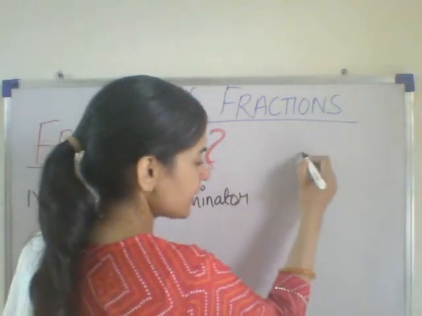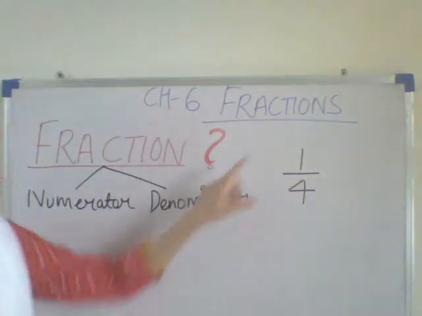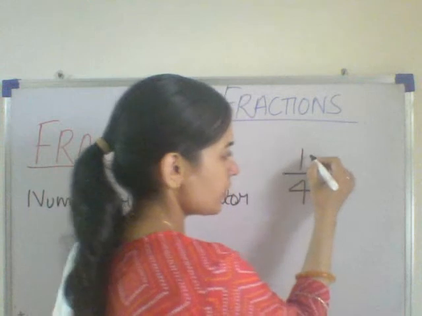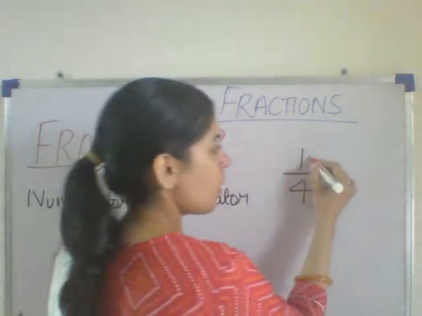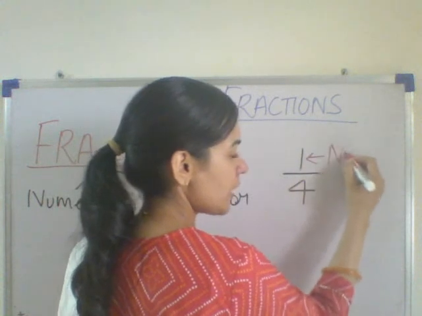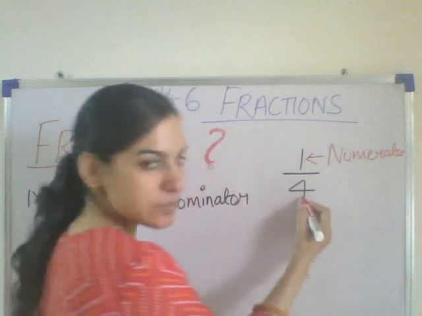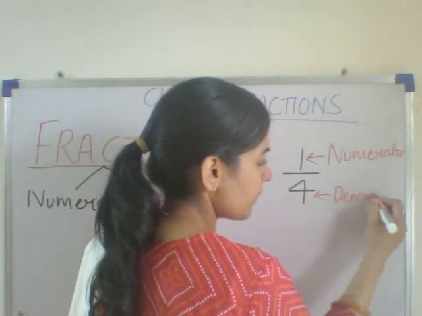Suppose I write a number as 1/4, so it is a fraction. The number that is present on the upward side is known as the numerator, and the number which is present down is called the denominator.